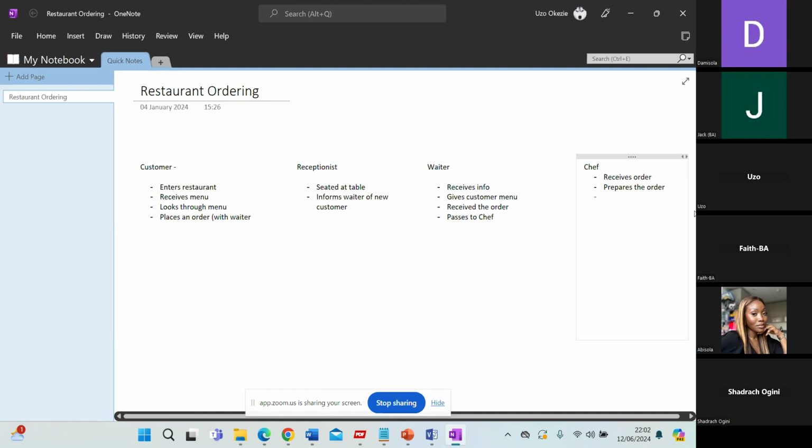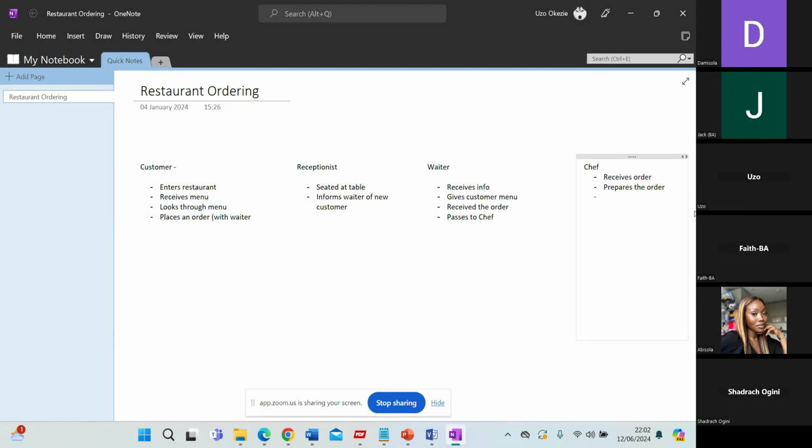And the food is cooked. Okay, prepares the order, and then once he's done preparing the order, what happens? Sends a message to the waiter. Okay. Can he send the order to the waiter? A notification to the waiter. Notifies.